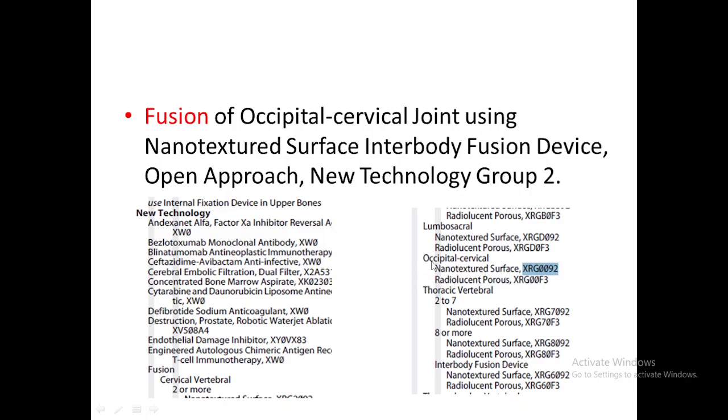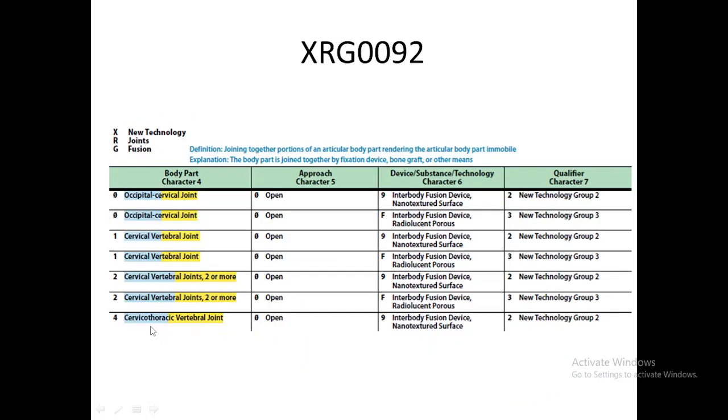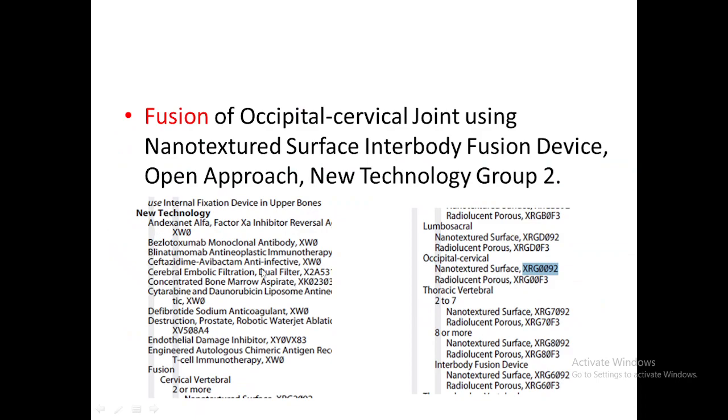But if you don't know that nano textured surface is given a separate entry, then you may always miss it by coding with direct fusion. So under new technology, fusion, occipital cervical, and nano textured surface.